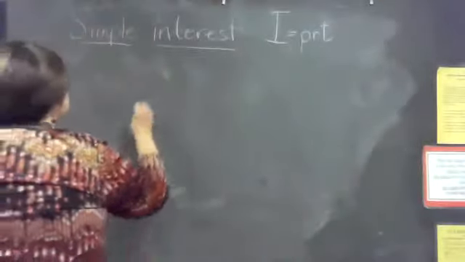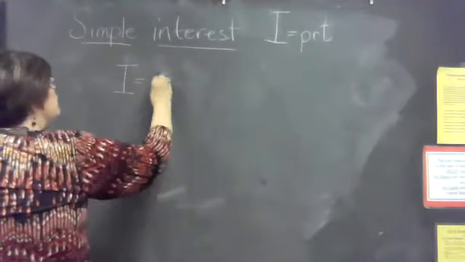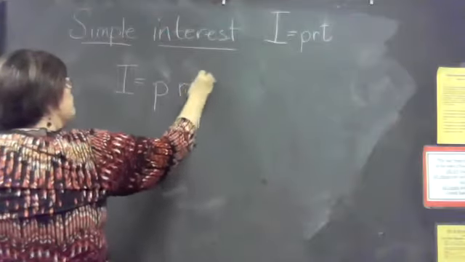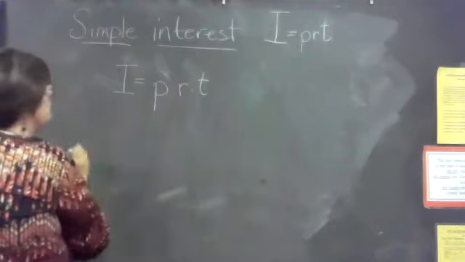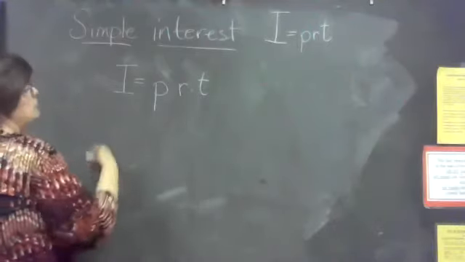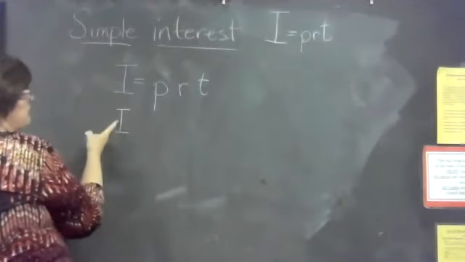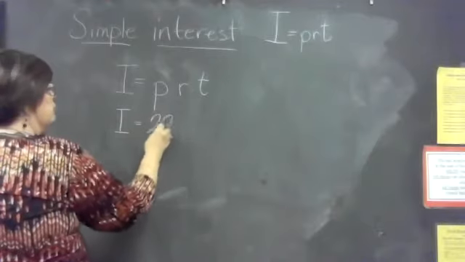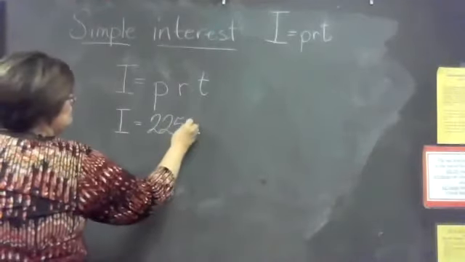So what we do is use the formula, and remember that if you're given a formula, you should always write the formula first so you can plug in numbers directly underneath it so that you don't make any mistakes. In this case, we want to find interest. Our principal is $225. That's how much we borrowed.